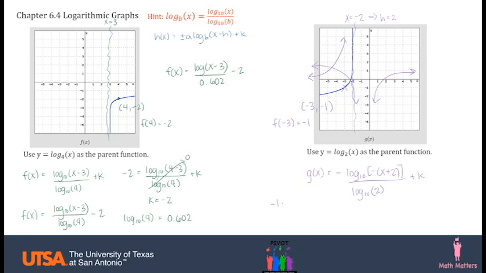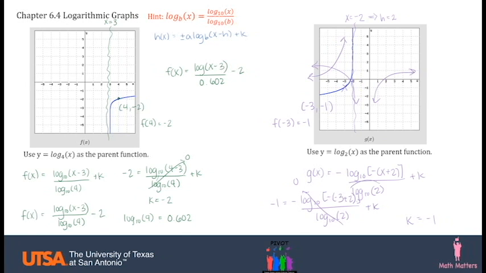So negative 1 equals negative log base 10 of negative 3 plus 2, and I close that, all over log base 10 of 2, and then plus k. So negative 3 plus 2 is going to give us negative 1, then negative times negative 1 is positive 1, so log of 1 again is 0, so this whole term becomes 0, then we have that k equals negative 1.